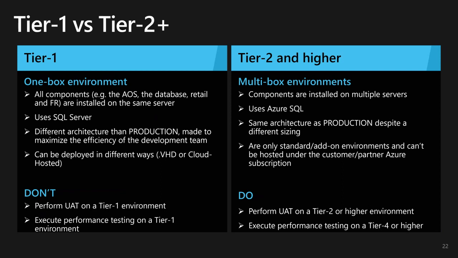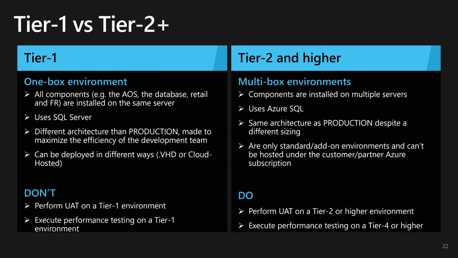Tier 1 is a one-box environment, meaning all the components, including the application server, SQL Server, and other services, are installed on the same server. But for the other sandboxes, from tier 2 to tier 5 and also the production environment, all the components are installed on multiple servers. And the database is Azure SQL, not SQL Server.